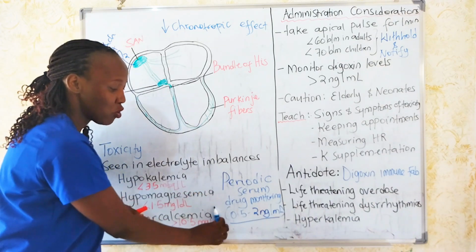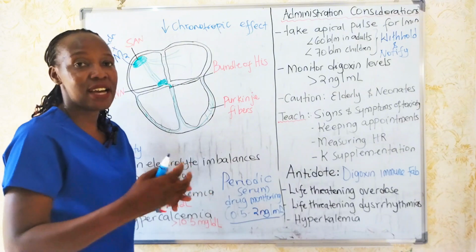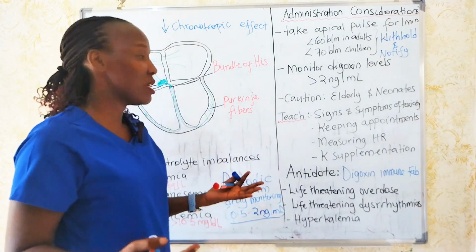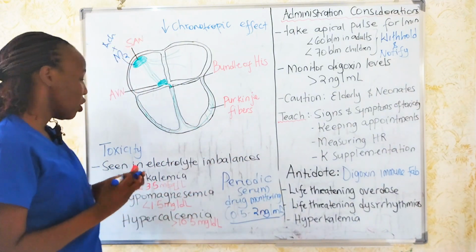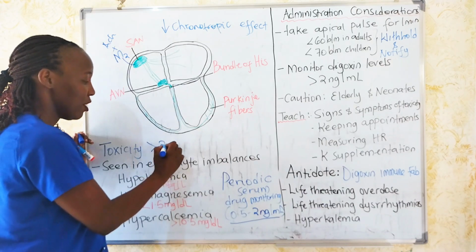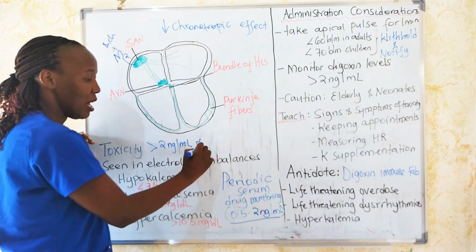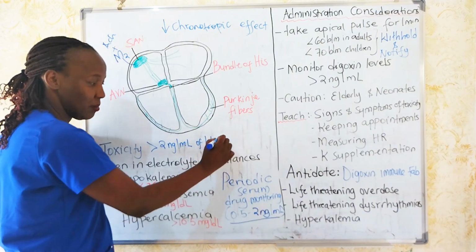So if it's below 0.5, we might not achieve much. If it's above 2, we might again start getting effects that we do not intend to produce. So toxicities are going to be seen when we have greater than 2 nanograms per mil of blood of digoxin.